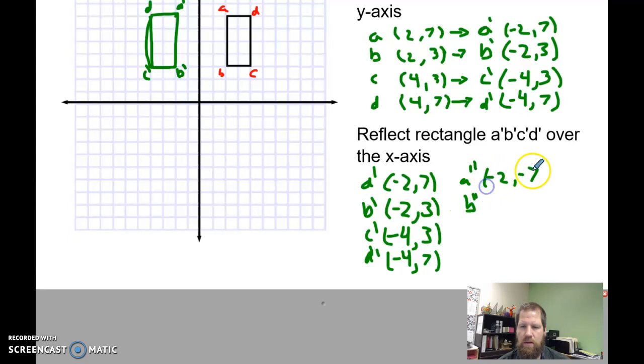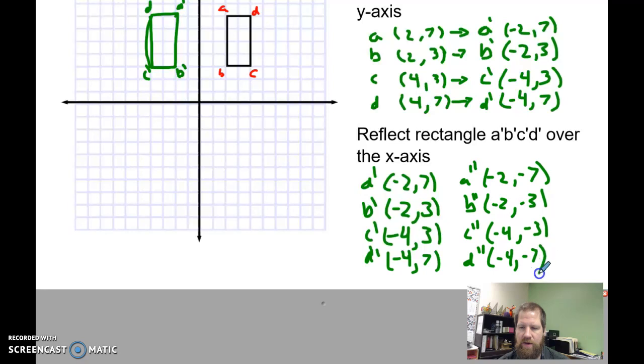B double prime, -2, -3. C double prime, -4, -3, and D double prime, -4, -7.